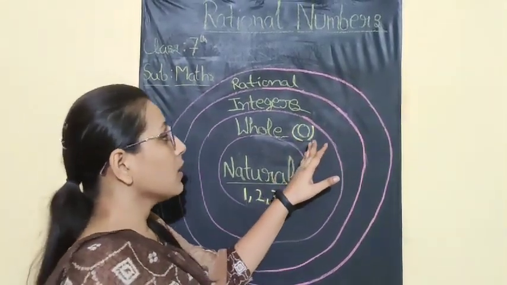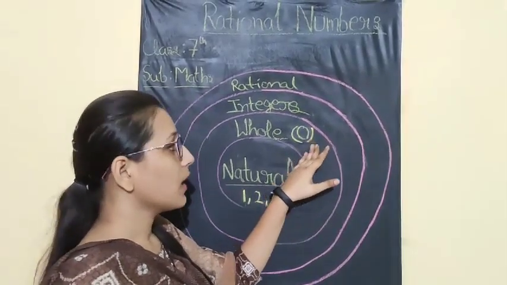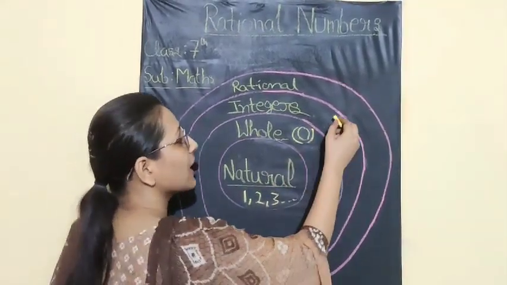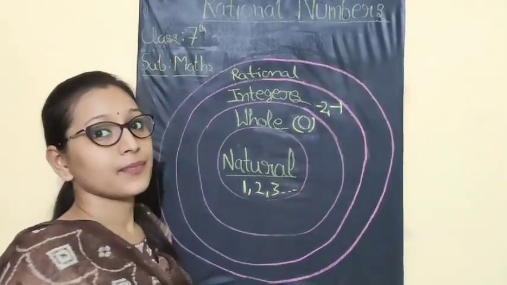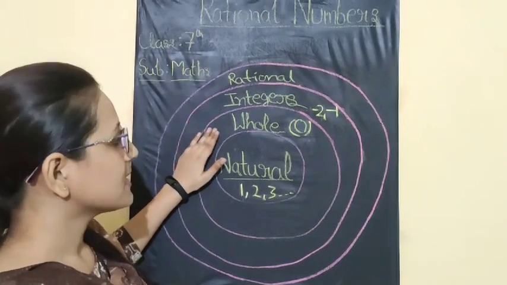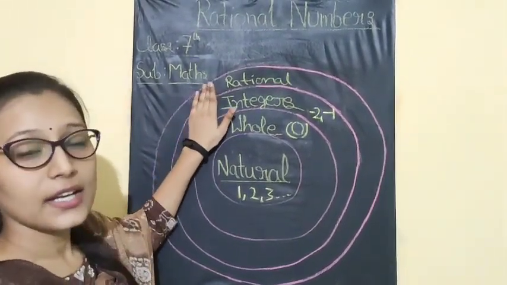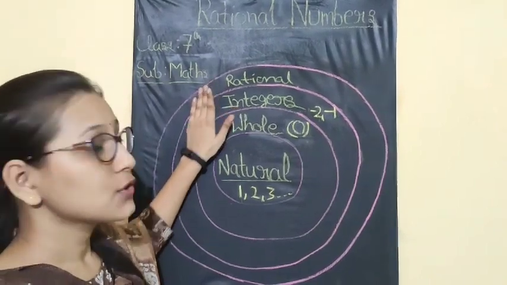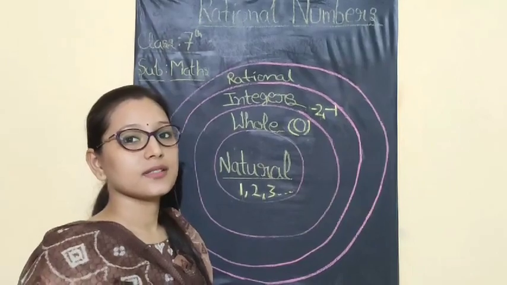Now if we add negative numbers to whole numbers, it will become integers. Now, all of these numbers, natural numbers, whole numbers and integers, come under rational numbers. So, today we are going to study about rational numbers.